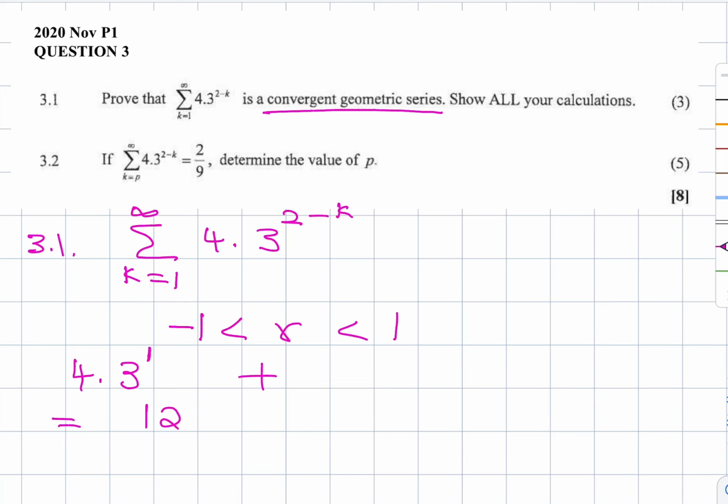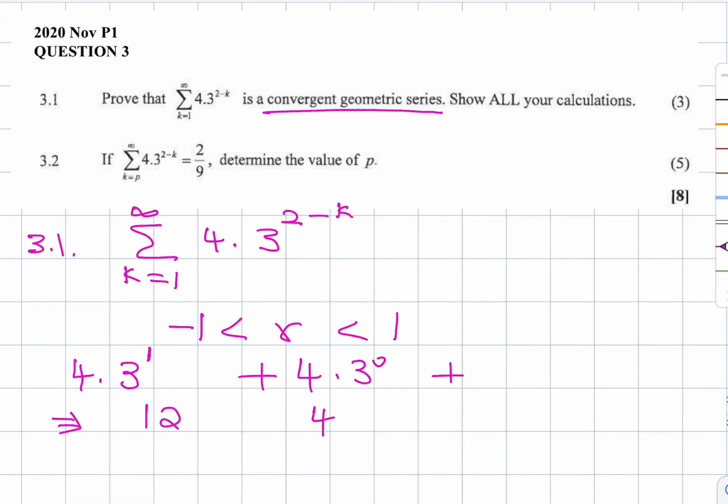Then the next term, you substitute a 2 now. So it's going to be 4 times 3 to the power 2 minus 2, because now you substitute 2. 2 minus 2 is 0, so that is 3 to the power 0, which happens to be just 1, so it is 4.